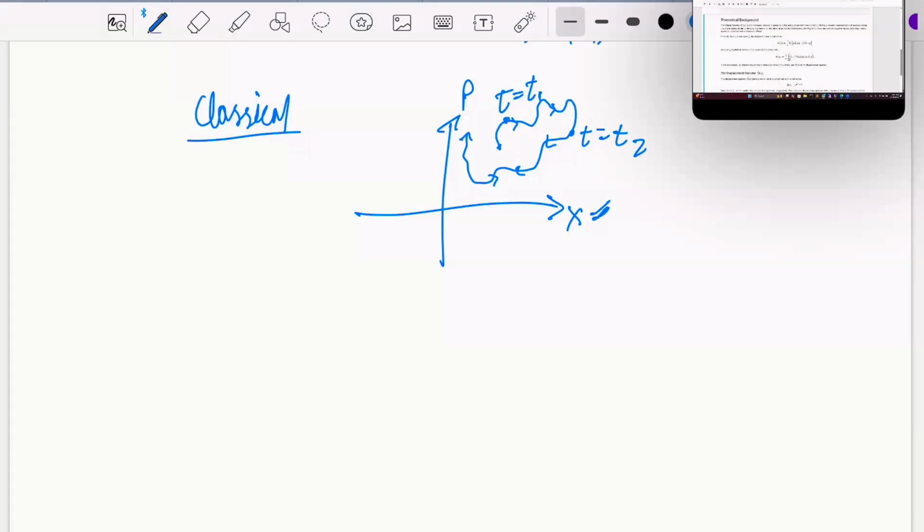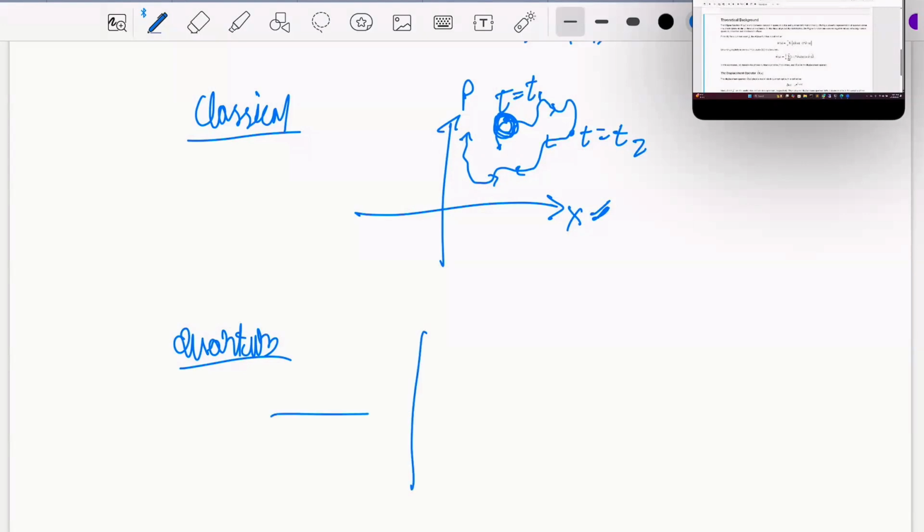But in quantum mechanics, the uncertainty principle doesn't allow us to define these points precisely, because here we are seeing that there is no spread in the distribution in the phase space.